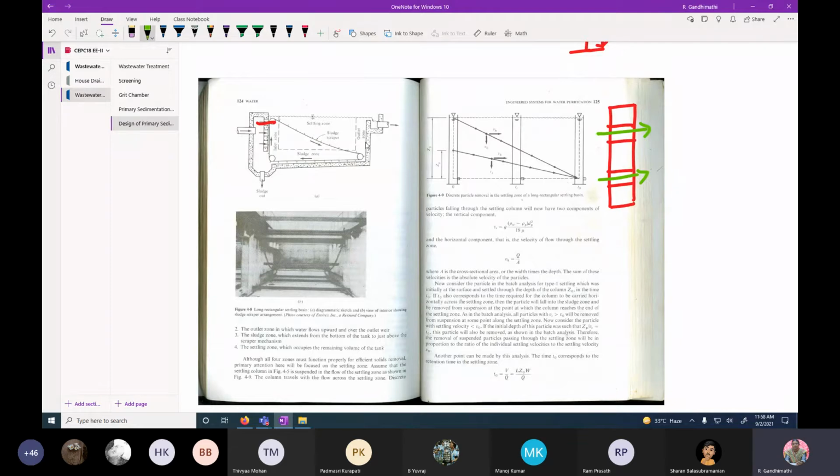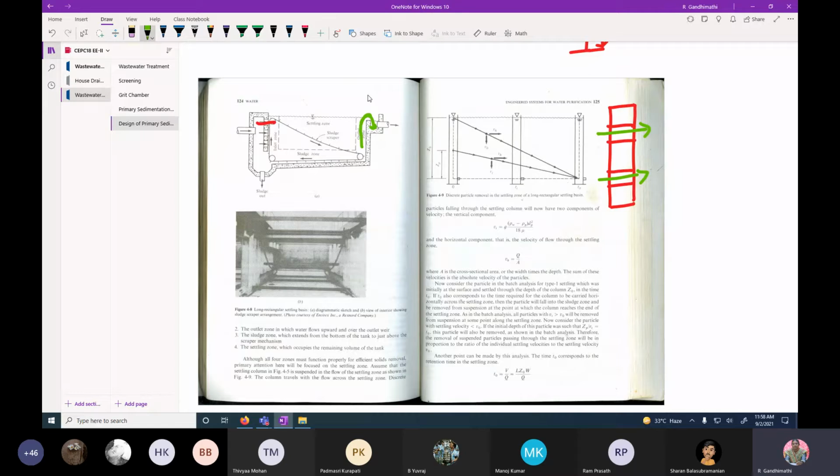The next one is the outlet zone. The water moves forward and upward, and after treatment with sufficient retention time in the settling zone, it overflows over the weirs and is collected on the outer side.